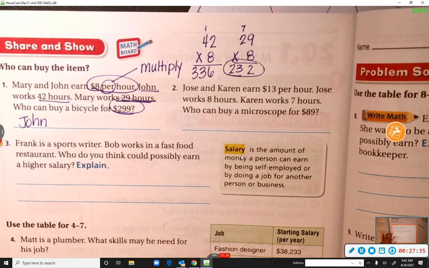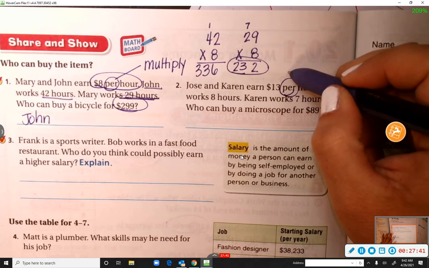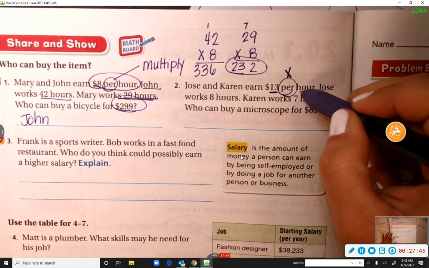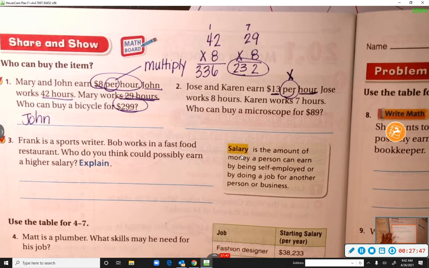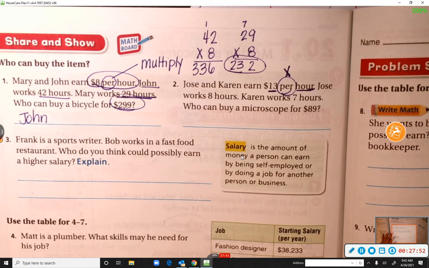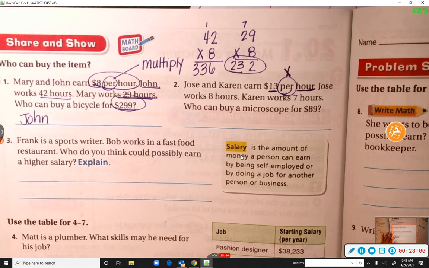Okay, number 2. Jose and Karen earned $13 per hour. What does that mean? Per means multiply. So the $13 times the hours. Jose works 8 hours. Karen works 7 hours. Who can buy a microscope for $89? What are we going to do, Jalen?